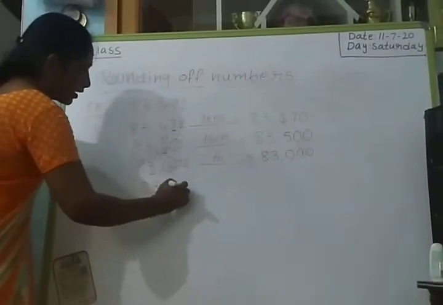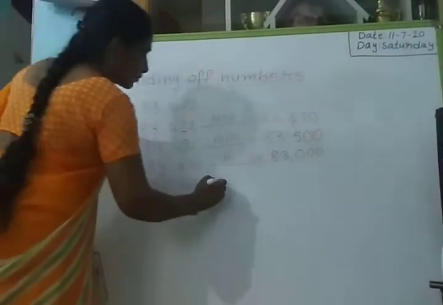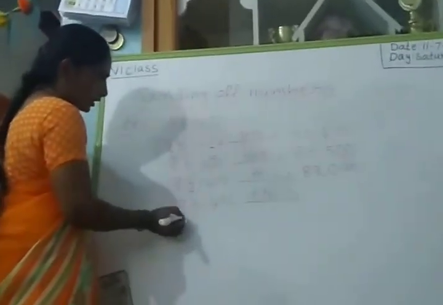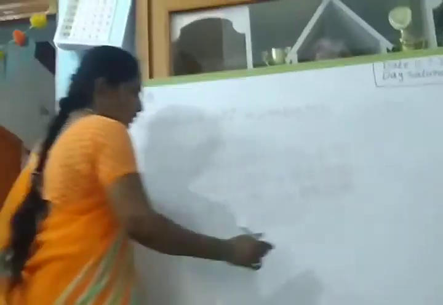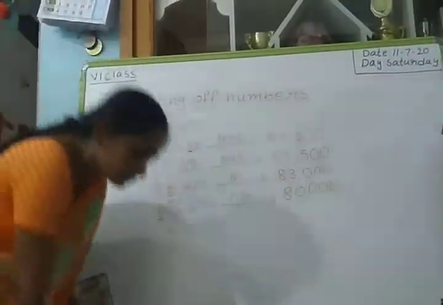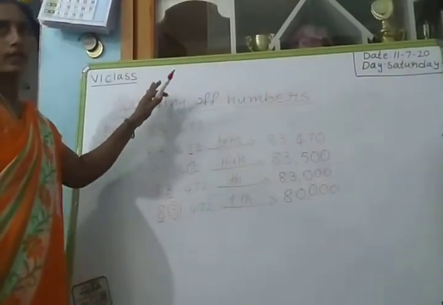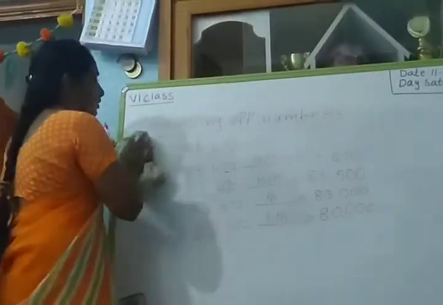Next I am rounding the 10,000s place. When rounding the 10,000s place, I take the thousands place digit. 3 is less than 5, so write the 10,000s place as it is and make all remaining digits 0. So we get 80,000. So like this we have to round off numbers to their nearest tens, hundreds, thousands and 10,000s.